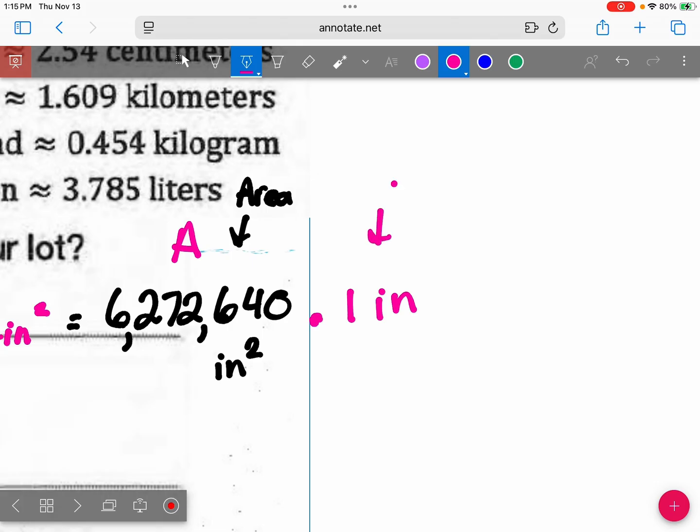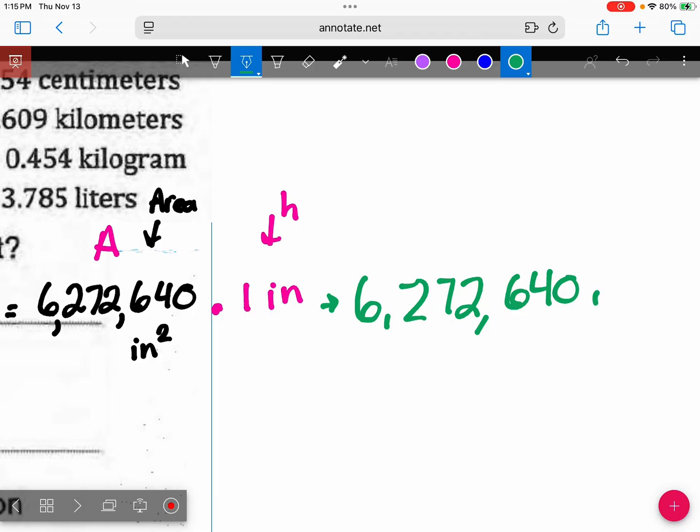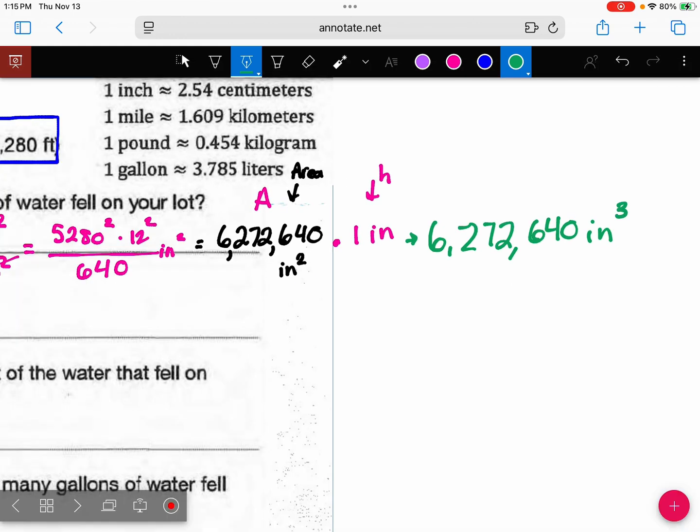You said 1 inch of height. Yep, got it. So our volume will be 6,272,640 times 1. Inches squared times inches gives us inches cubed.